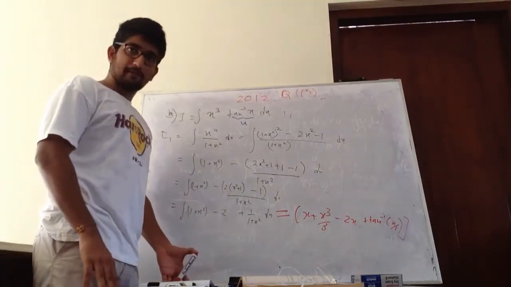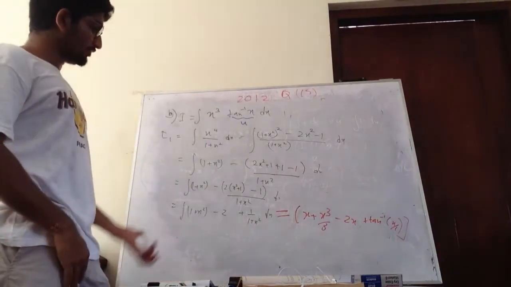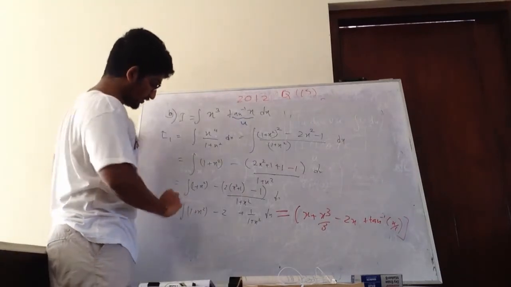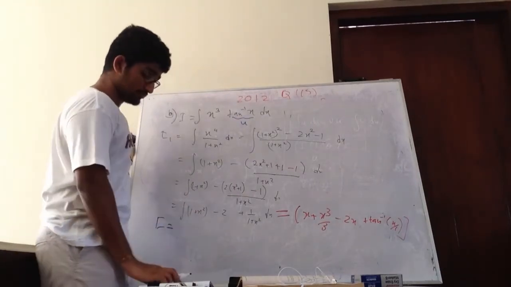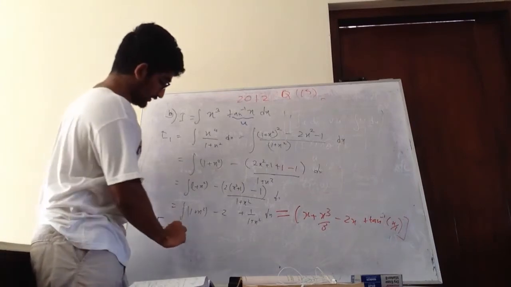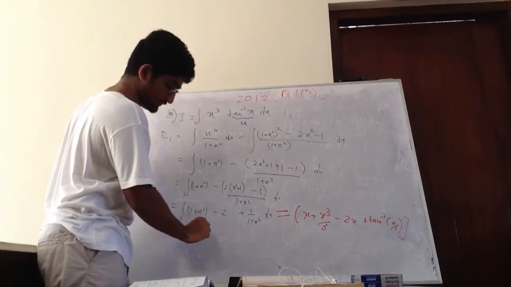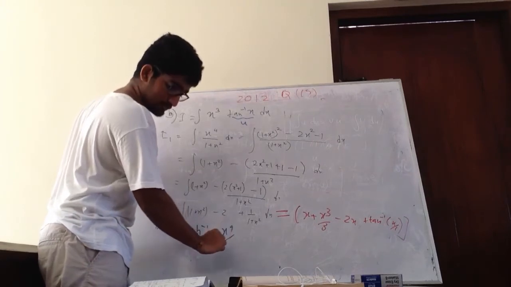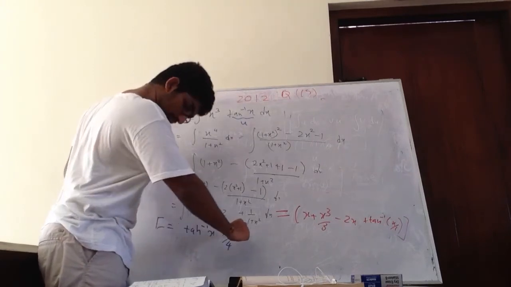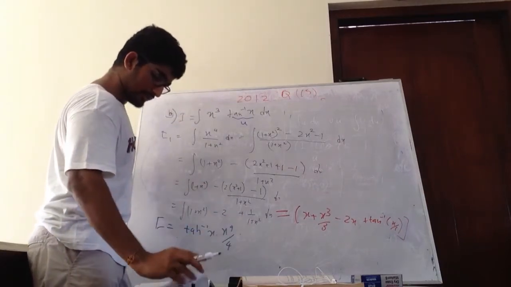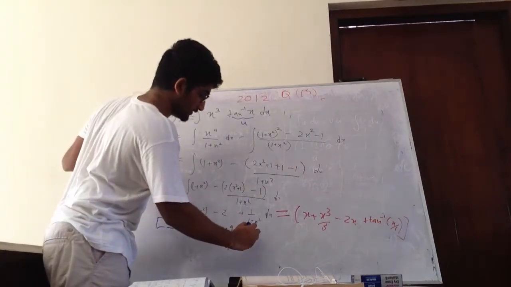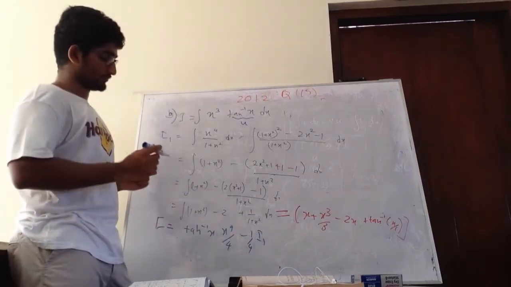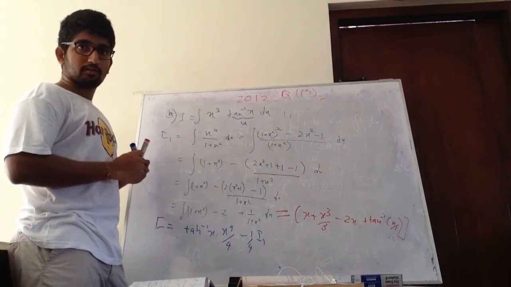Correct? Right? Now you just need to add this to the original one, because what is the original one? I was equal to tan inverse x times x⁴ over 4, minus I₁ over 4.